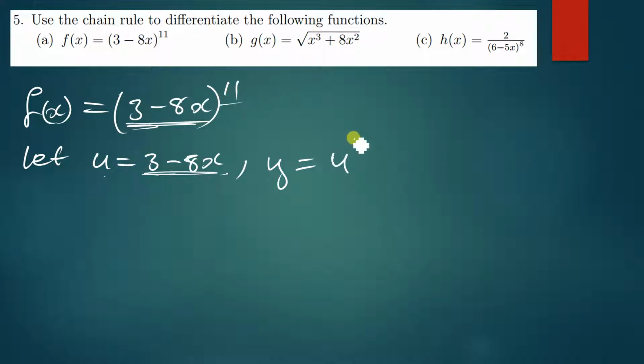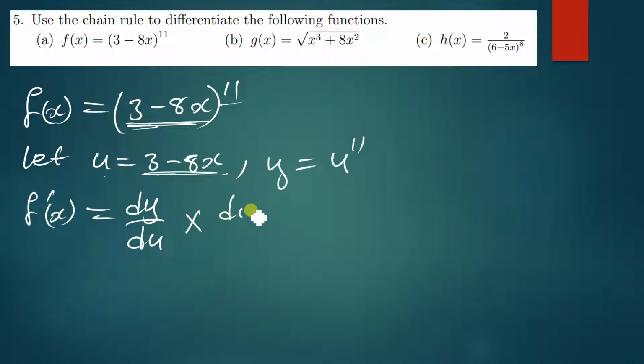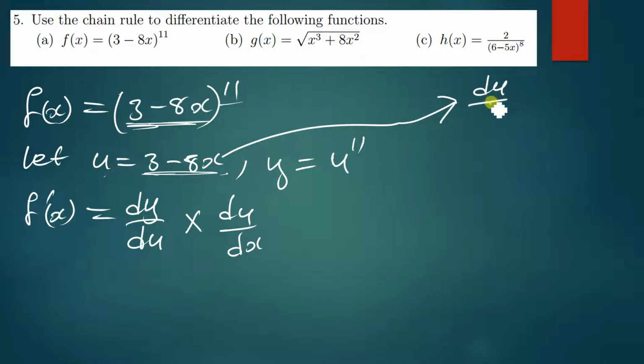to the power 11. So the chain rule states that f prime of x, which is the derivative of f, is simply equal to dy du times du dx. So I'm going to differentiate this function there to find du dx.